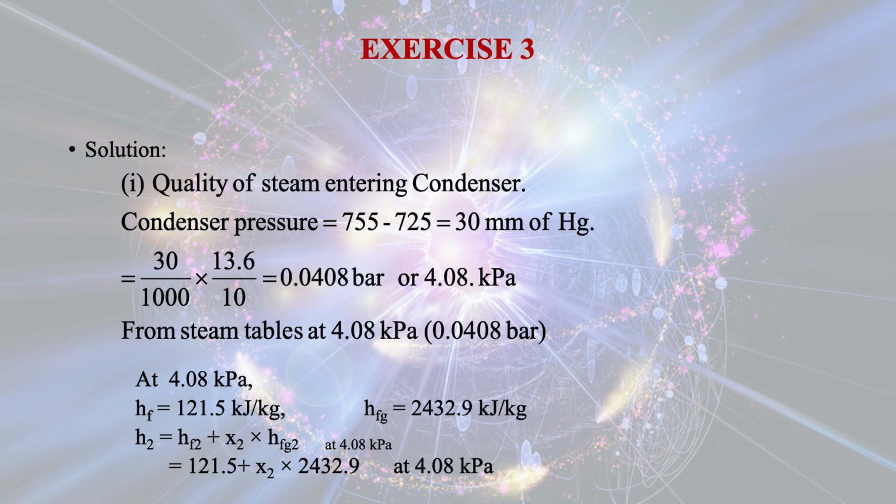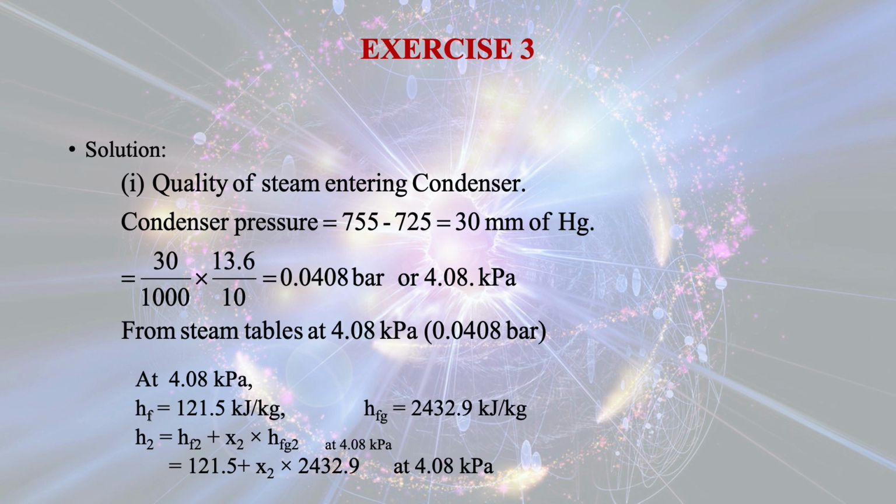What is rho? That is the density, and density of mercury is known, and g you can take as 10 meter per second square and h is given as 30 millimeter of Hg. So if you put all these values and do the proper unit conversions, that is equal to 0.0408 bar or 4.08 kilopascal.